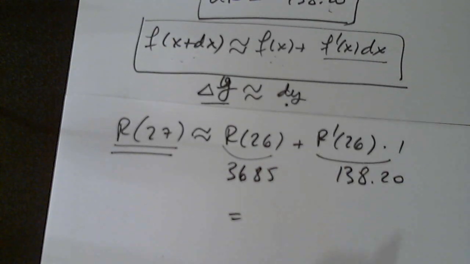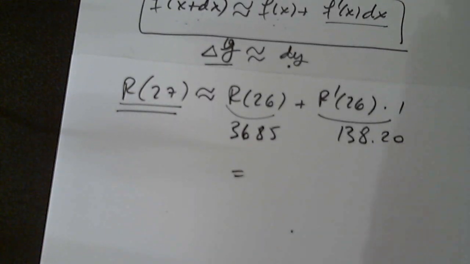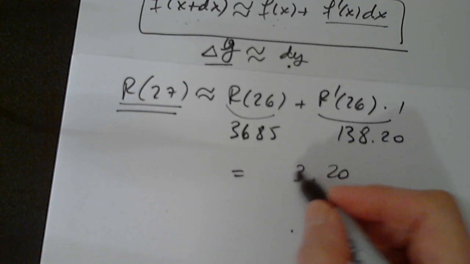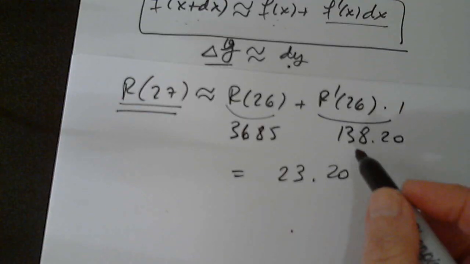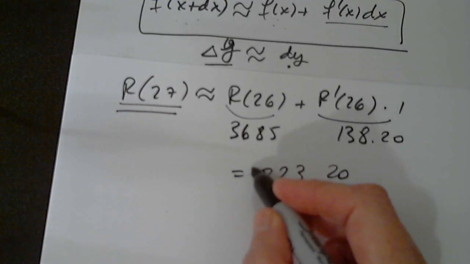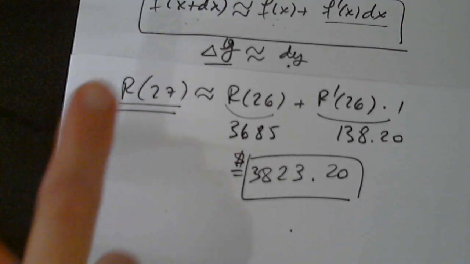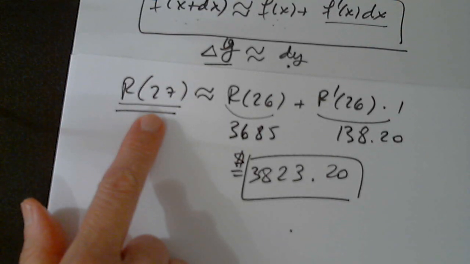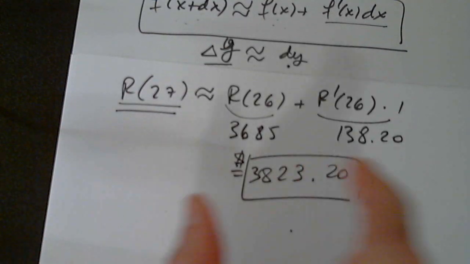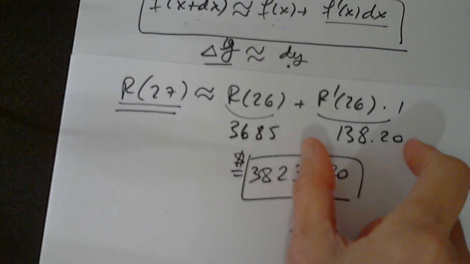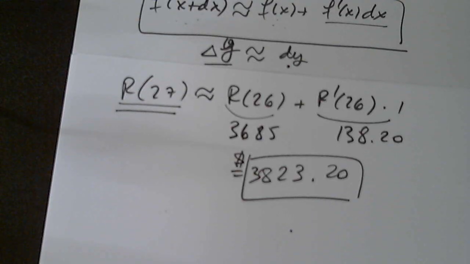So it's the sum of 3685 and 138.20. So the estimated revenue at 27 is this: the revenue at 26 plus the estimate of the difference.